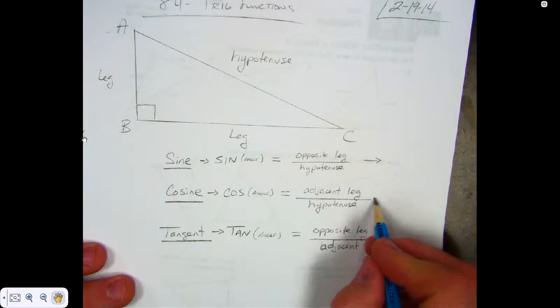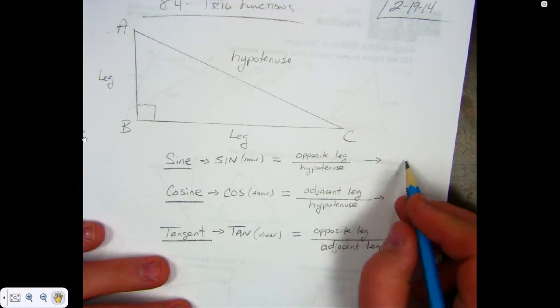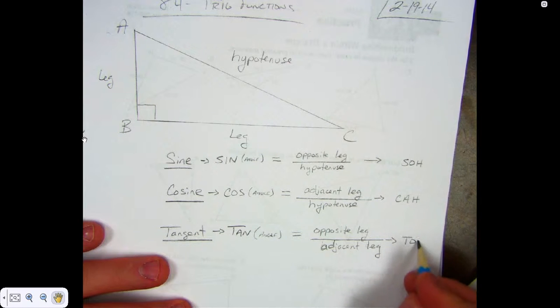Now, you're going to hear an acronym said a lot, or a jingle, to help remember these. I've never been a big fan of that, but for this, it's not too bad. So, SOH, CAH, TOA.